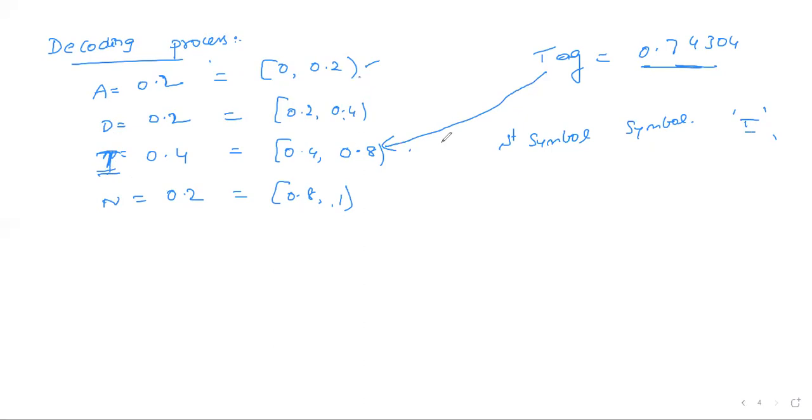Now you have to transmit I, from A, D, I, N. The first symbol you are transmitting is I. So this is 0, this is 1. So you know that this interval is 0.4 to 0.8.